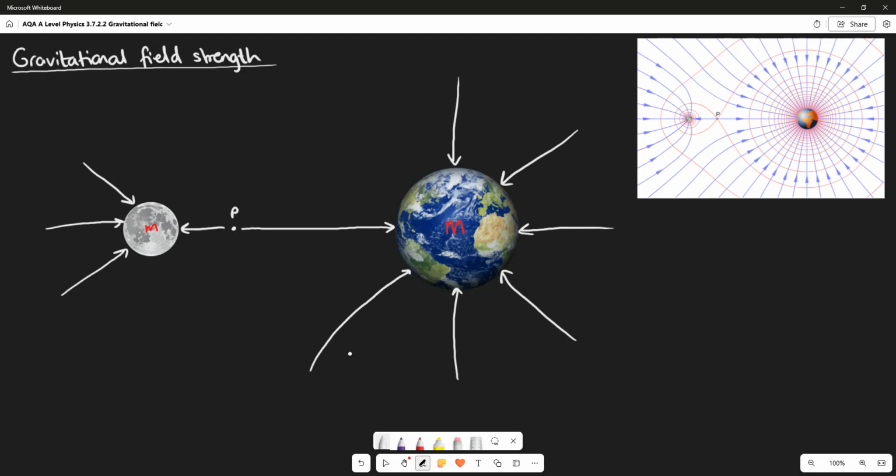So we get some curvature from the Earth's fields. This is symmetrical. But we get stronger curvature for the Moon because its gravitational field is weaker than that of the Earth.